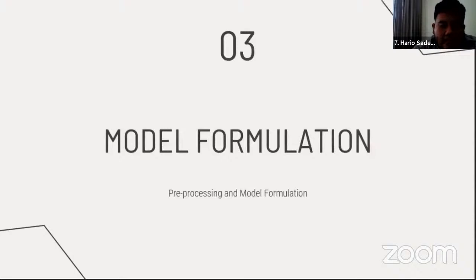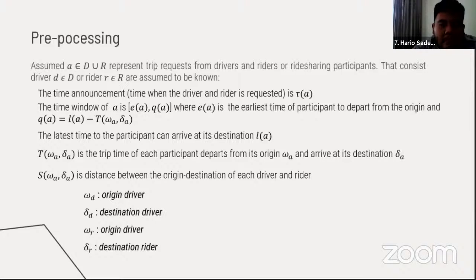Model formulation. Assume A element of D union R represents trip requests from drivers and riders, or ride-sharing participants, that consist of driver D, element of D, or rider R, element of R. The time announcement, the time when the driver and rider request, is a_A.